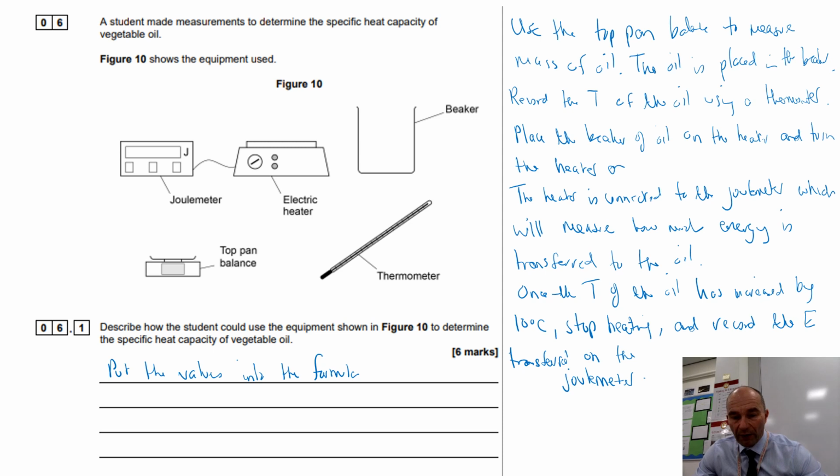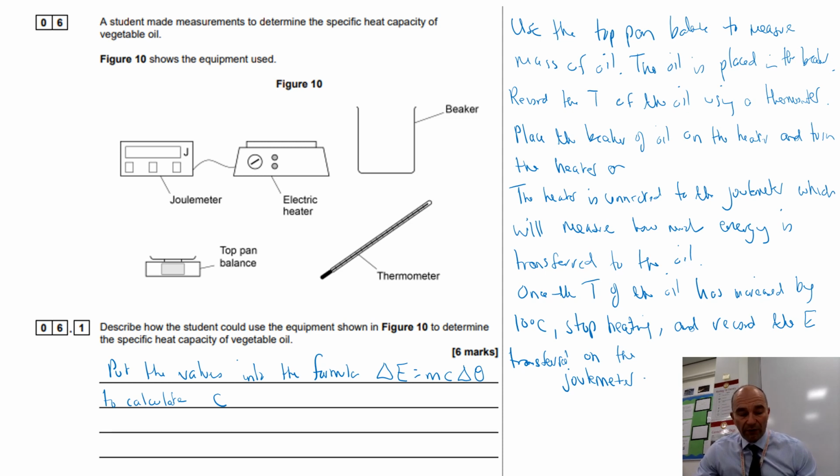Remember, we need to be explaining how to calculate the specific heat capacity, so use a data sheet to get the correct formula. So it's the energy transfer is mass multiplied by the specific heat capacity multiplied by the change in temperature, and we do that to calculate the specific heat capacity. That's just C.